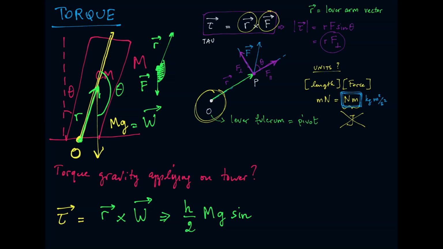This is the right theta. By the way, if you remember, then the torque in this case is, if you take R and you apply the right-hand rule from R to F, your thumb is pointing into the page, so that would be perpendicular to your screen, into the screen right now. So sine of theta.